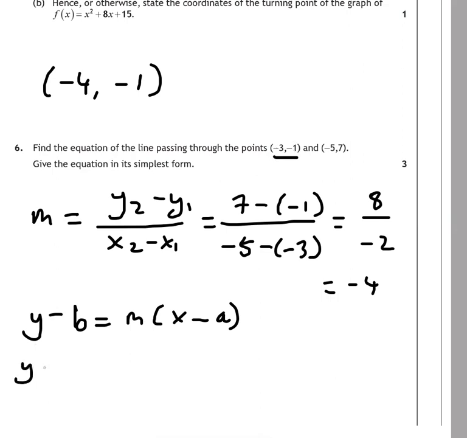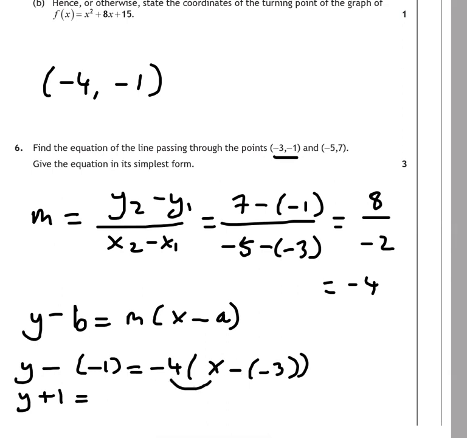So it would be y minus -1 equals the gradient, so -4, and then x minus -3. And that becomes y plus 1 equals -4 times x plus 3. And then you expand the bracket to get -4x and then -4 times 3. So that would be -12. And then we just move the 1 to the other side. So that becomes y equals -4x minus 13.